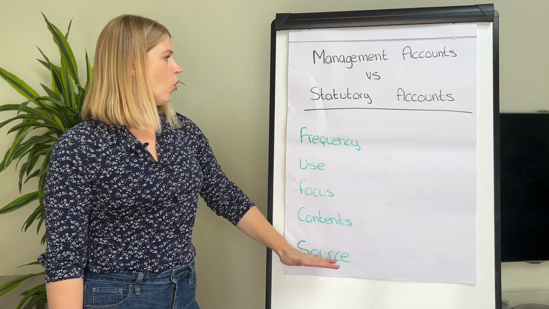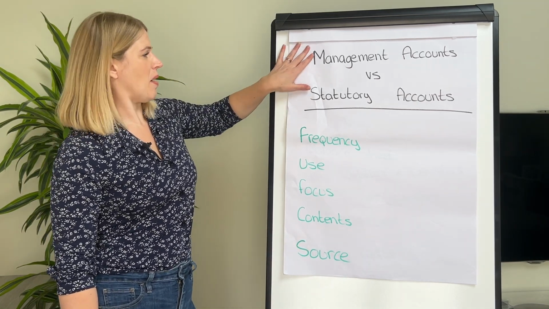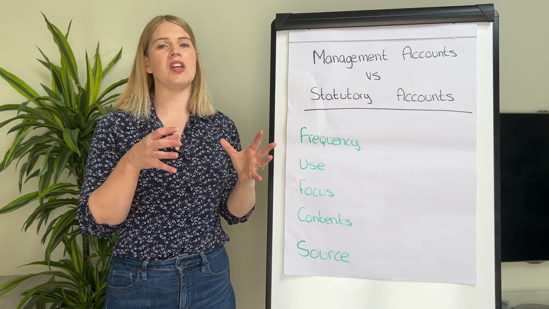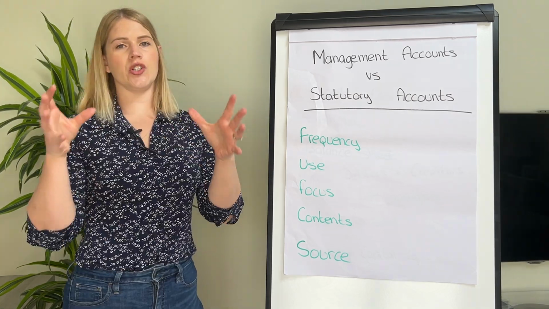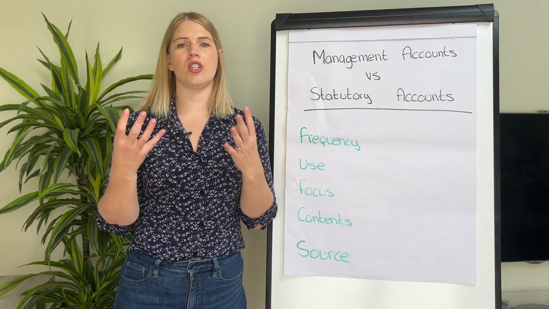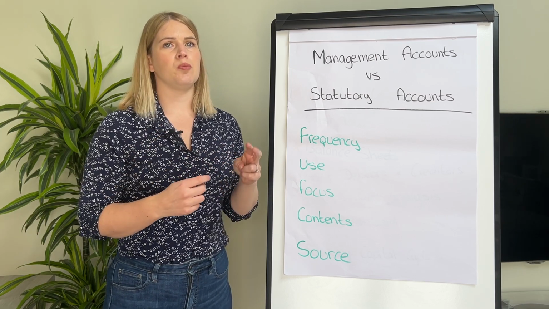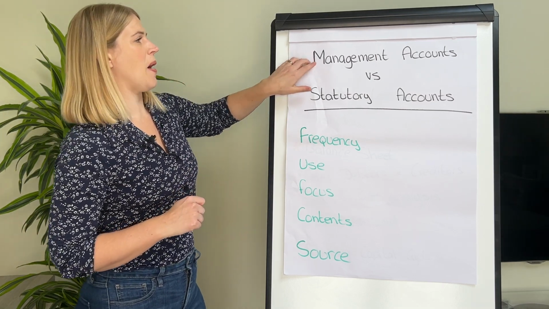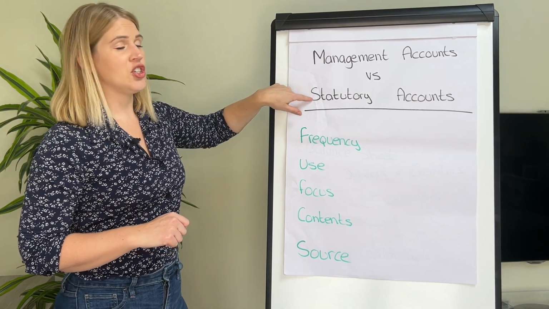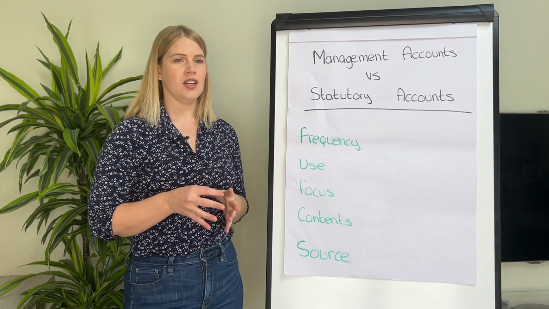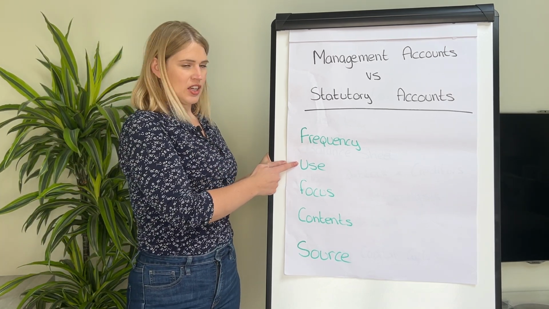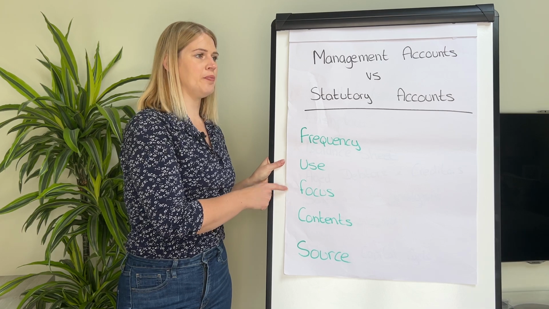So the source for all of this information, whether you're preparing management accounts or statutory accounts, is going to be your online bookkeeping system. You use Xero. If you're putting your information into Xero, you need to be able to do two things from Xero. You need to be able to prepare your management accounts, and you need to be able to prepare your statutory accounts. And they've got different uses and a different focus.